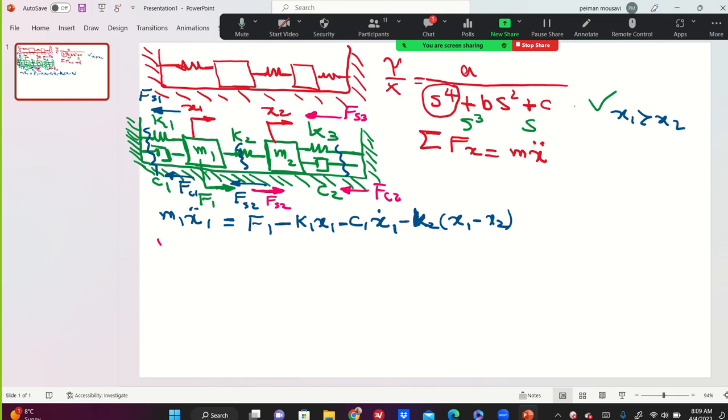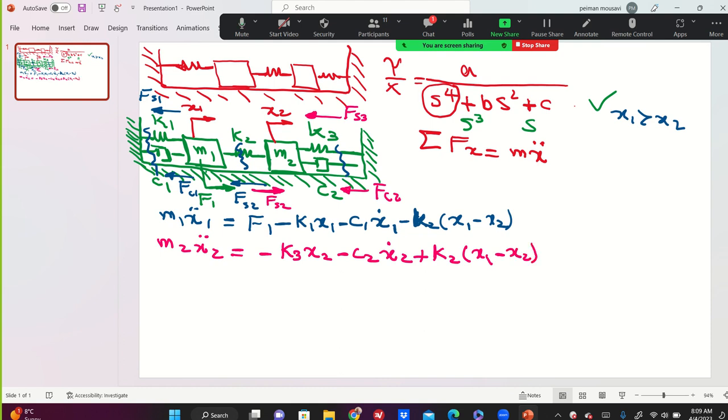So you're going to have M2 x double dot 2, there's no F, so you're going to have minus K3 x2 minus C2 x dot 2, and the same force but in the opposite direction, x1 minus x2.